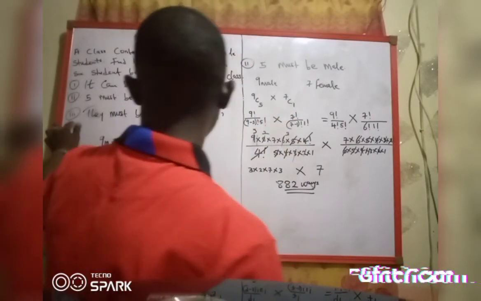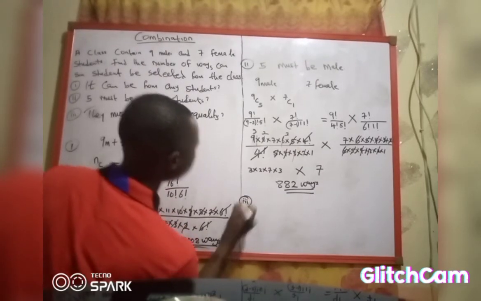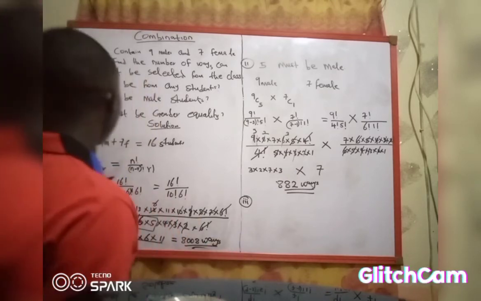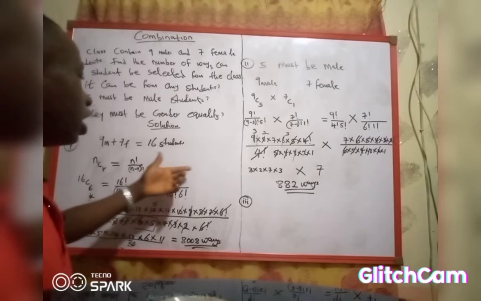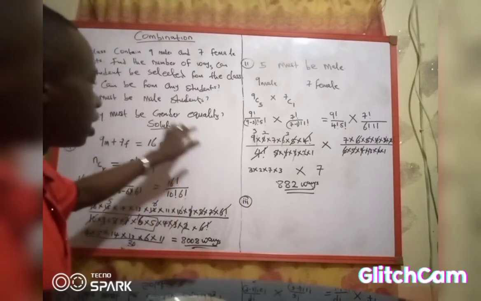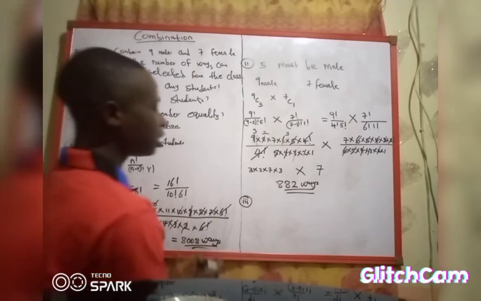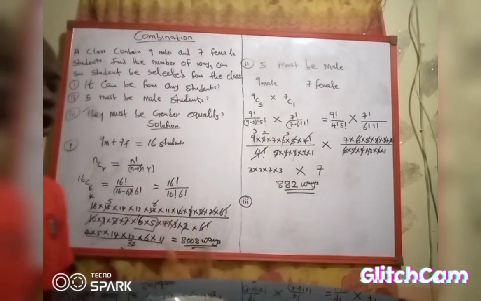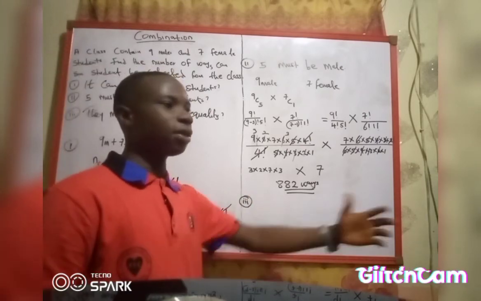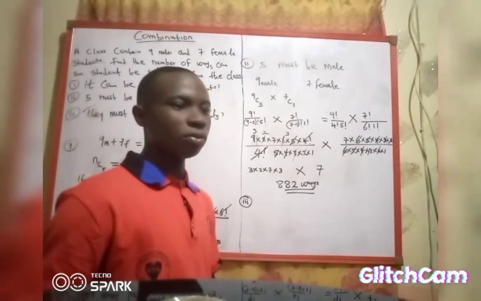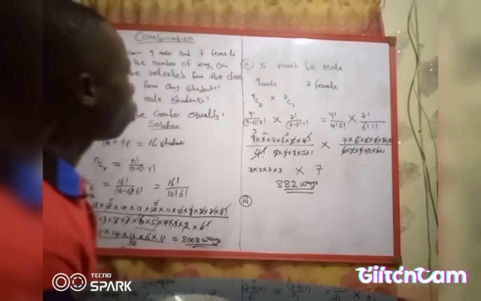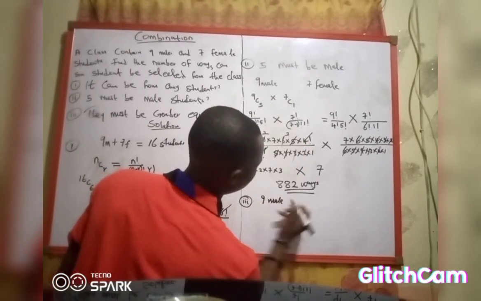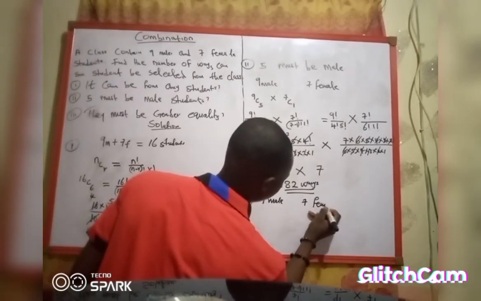So let us see the last, Roman numeral 3. It says there must be gender equality. That means we are going to select equal numbers from male and female. And the question says we should select 6 students. If the column is 3 students, we are going to select 3 students from male students and 3 students from female students. So we have 9 male, then 7 female.